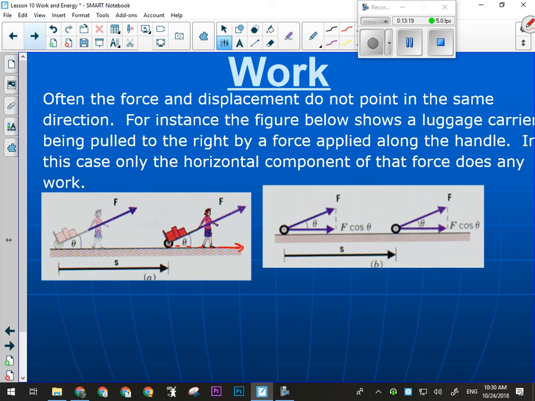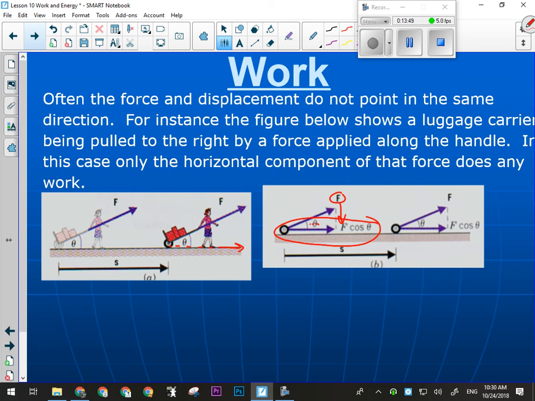That means I can only use the force directed in that direction as well. So that means we calculate that. It's the adjacent side to that triangle. So I would go this force here times the cos of theta, and that will give me the part of the force that's actually doing work. The vertical part of that force is not doing any work because the suitcase is not moving vertically. Everybody okay with that?